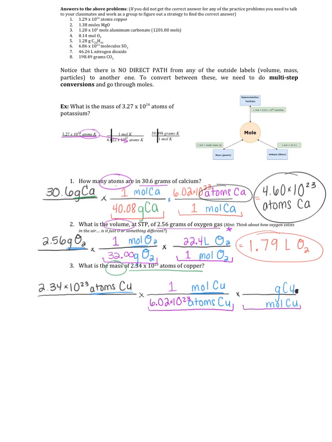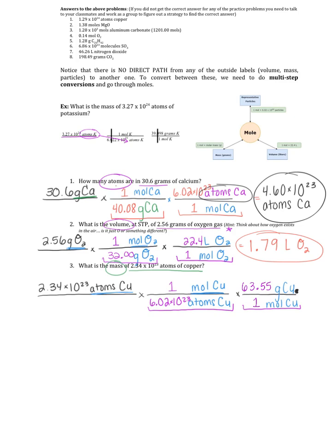In this last conversion, we have moles and grams. So we double check moles and grams. We're going to use that 1 mole is the molar mass, which again is found on the periodic table. The molar mass of copper to 2 decimal places is 63.55 grams of copper.